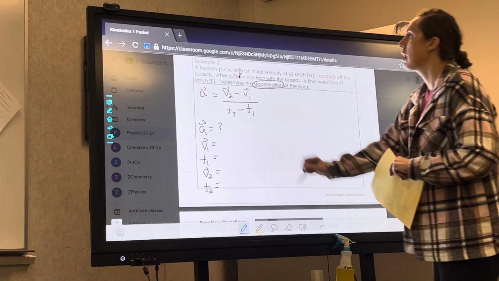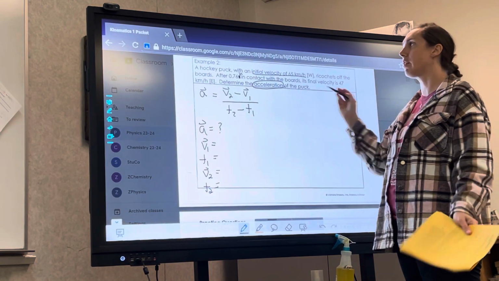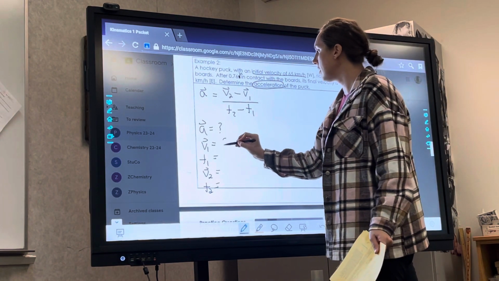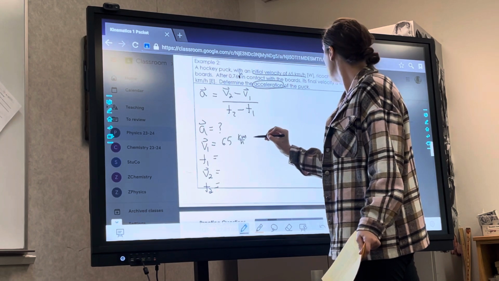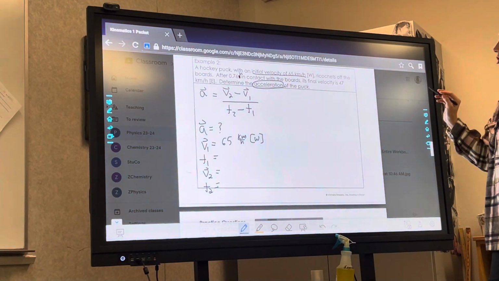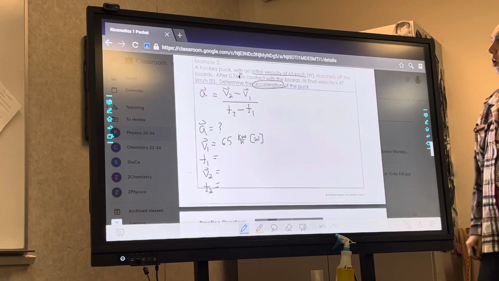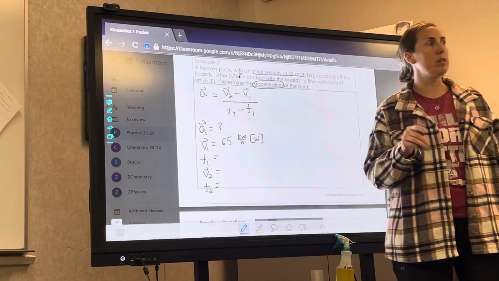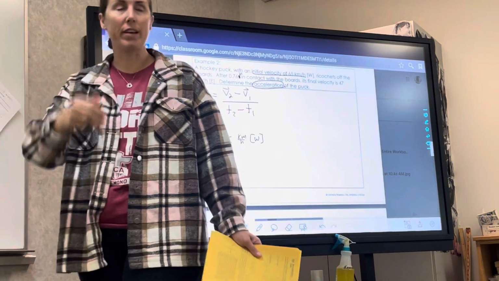A hockey puck with initial velocity, boom, it tells us our initial velocity. Remember, the word initial means first. So our first velocity, V1, is 65 kilometers per hour west. It ricochets off the boards after 0.76 hours. Well, hey, they didn't give us an initial time. If they don't give you an initial time, what should you always fill your time in as? 0, perfect.